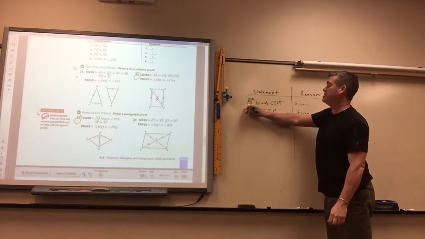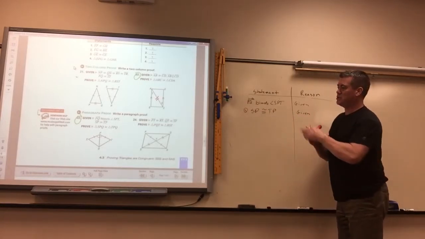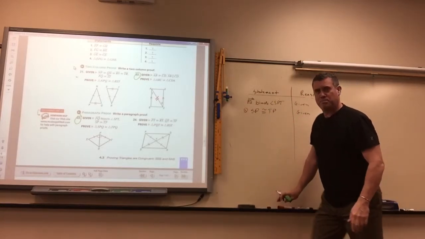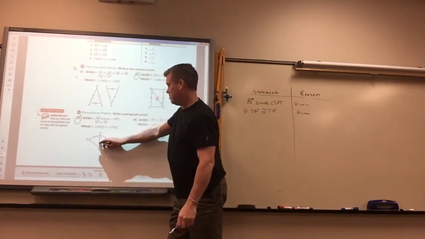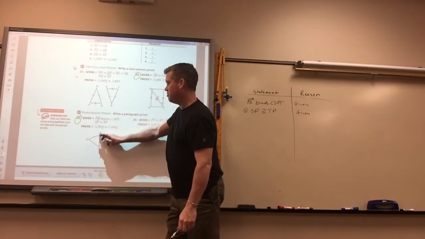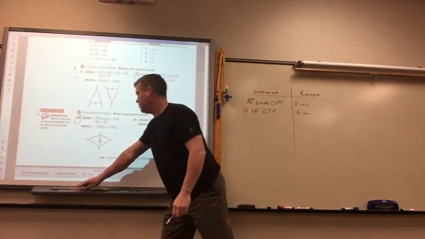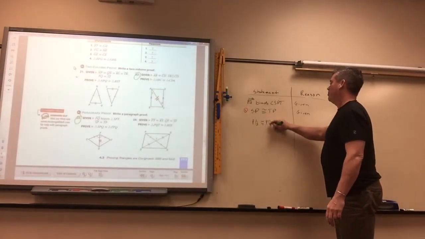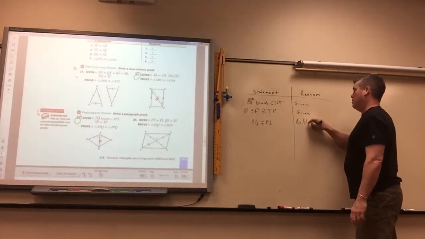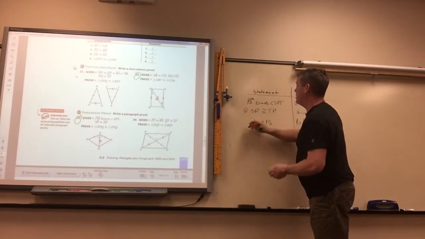I have a set of sides. Now just looking at the picture, what do you know is true just by looking at it? Right there, that's a shared side, so PQ equals PQ. Reflexive. And there I've got my second thing.